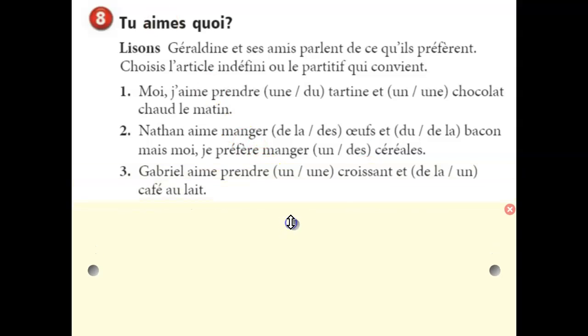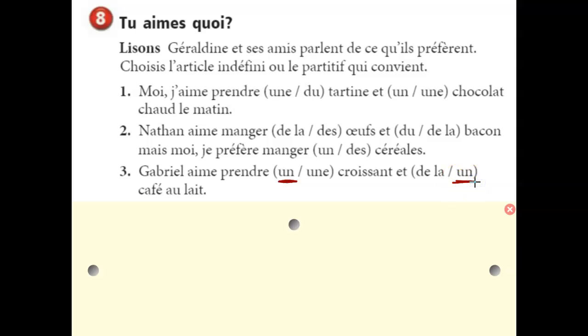Alors, numéro 3. Gabriel aime prendre blank croissant et blank café au lait. Gabriel aime prendre un croissant. We're using un because croissant is masculine, not feminine.